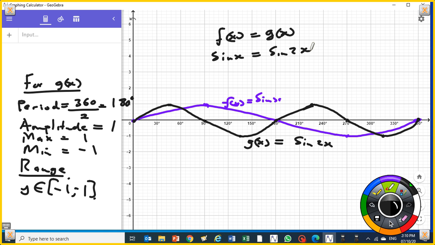Now, if you bring in the general solution here, it is up to you to decide, do you want to make this x your reference angle, or you want to make that 2x your reference angle?